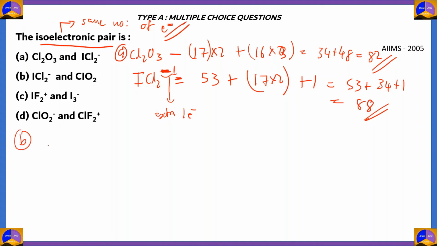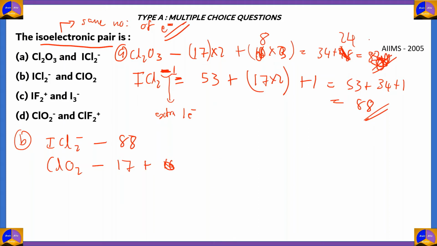Let's look at option B. ICl2 minus we already calculated, so it is 88. Now we need to find ClO2. Chlorine 17 plus oxygen, which is 8, not 16. People usually get confused between the mass number and the atomic number.